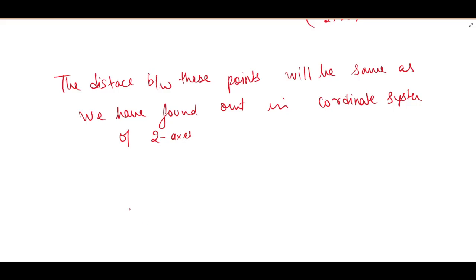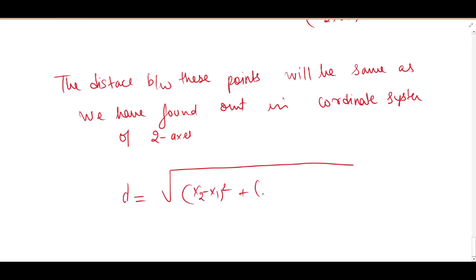That is, by the distance formula, the distance between two points will be the square root of x2 minus x1 whole square plus y2 minus y1 whole square plus z2 minus z1 whole square.